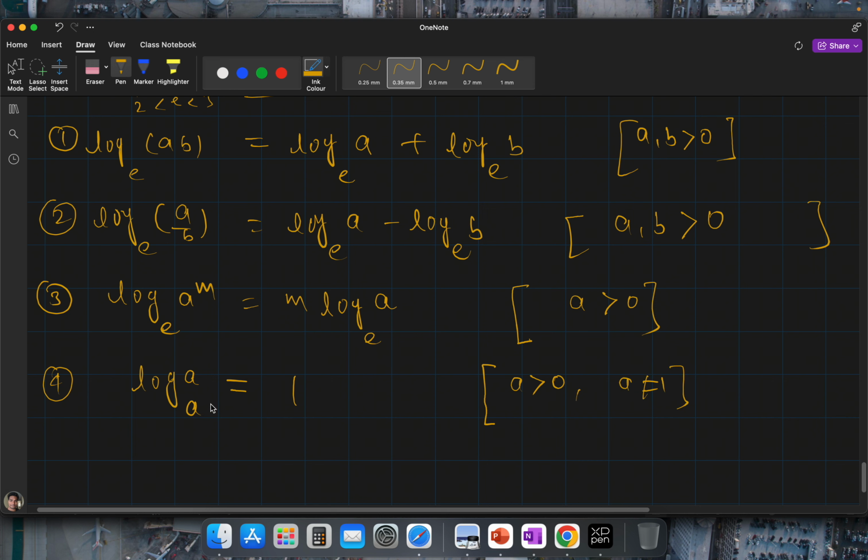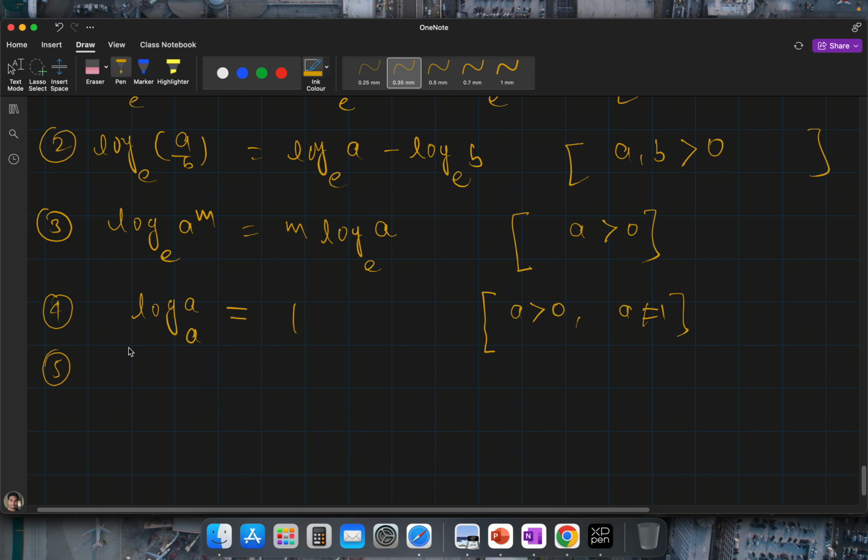In this case, you have to be very careful. The base of the logarithmic function cannot be equal to 1. Again, I am repeating, the base of a logarithmic function cannot be equal to 1. Okay.